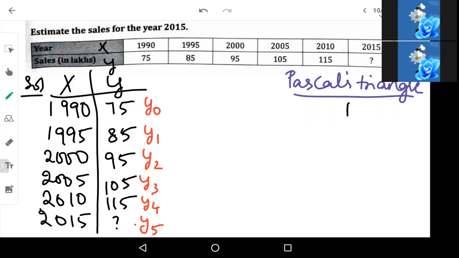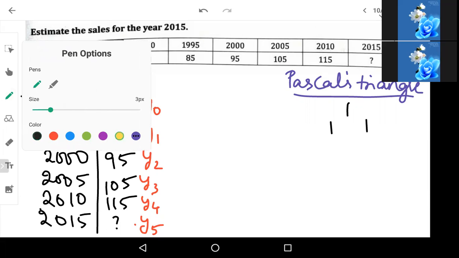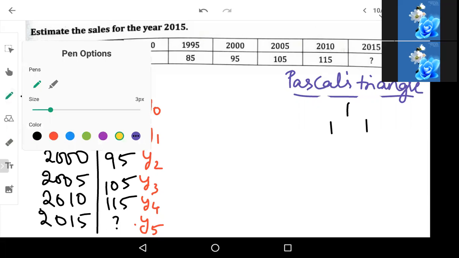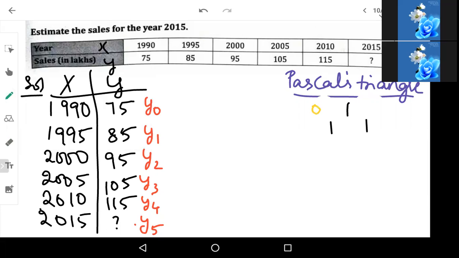Start with 1. Assuming 2 zeros on the other side. 0 plus 1 will be 1. 0 plus 1 will be 1. Okay, let me write the zeros for you if you're getting confused. Now again 0 and 0.